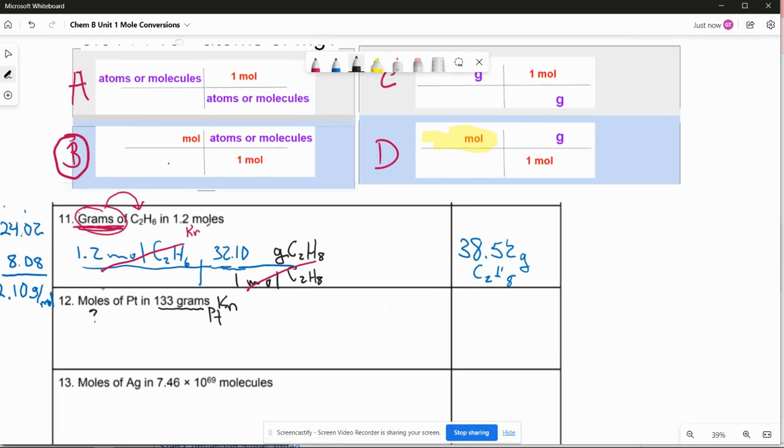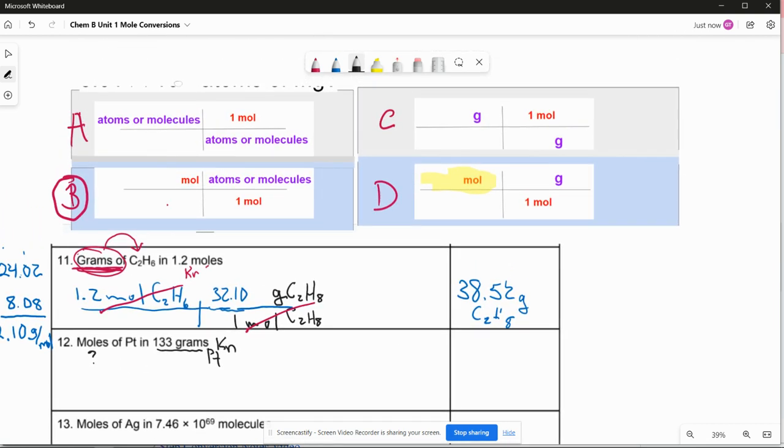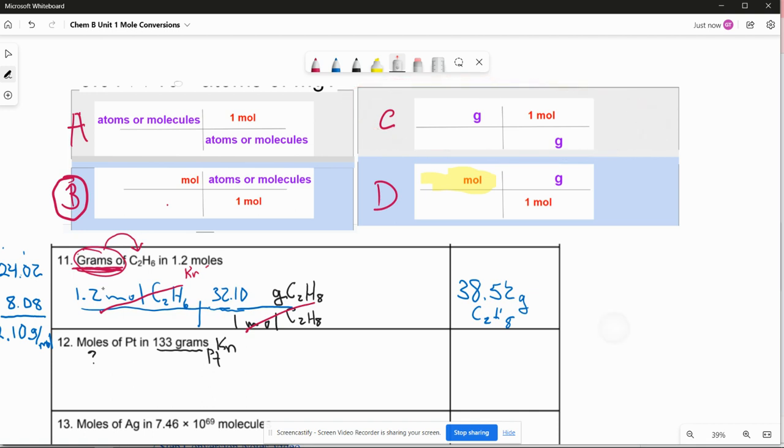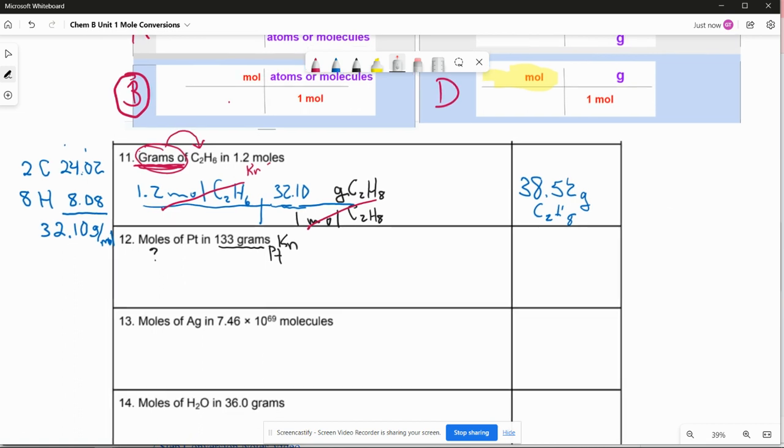So we're going to choose equation C here because it ends in moles, and that will make the grams cancel out and end in moles. This is the equation we're going to choose from the equations that are up on the board.